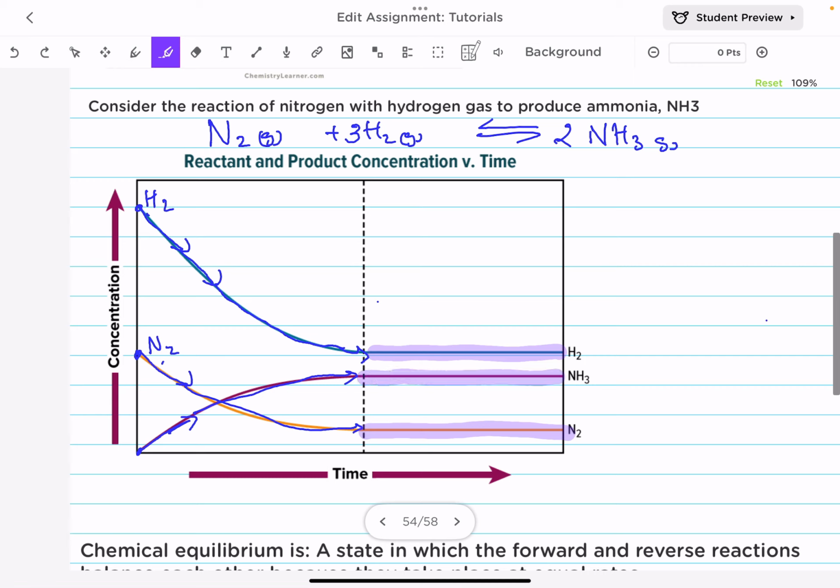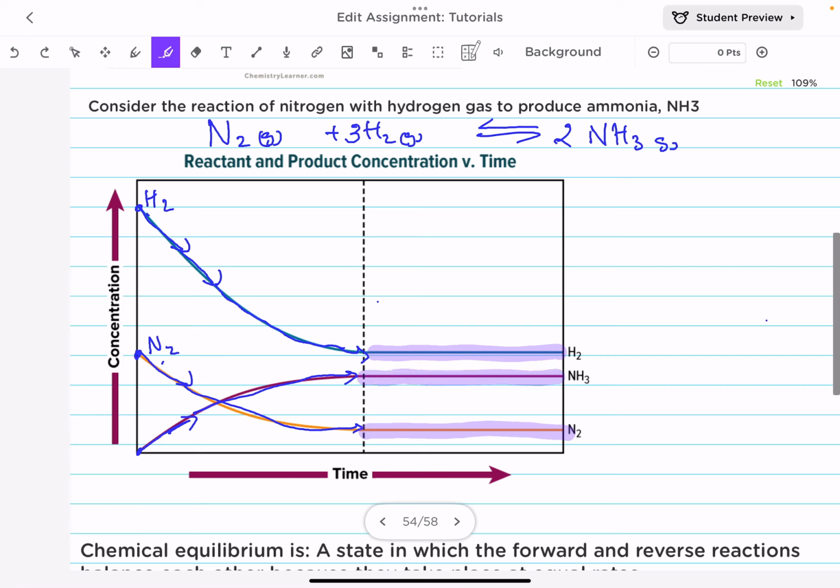So here, a chemical equilibrium is a state in which the forward and the reverse reactions balance each other because they take place at equal rates, at equal speeds. So the speed at which N2 and H2 react to give NH3 is equal to the speed at which NH3 reacts to give N2 and H2.